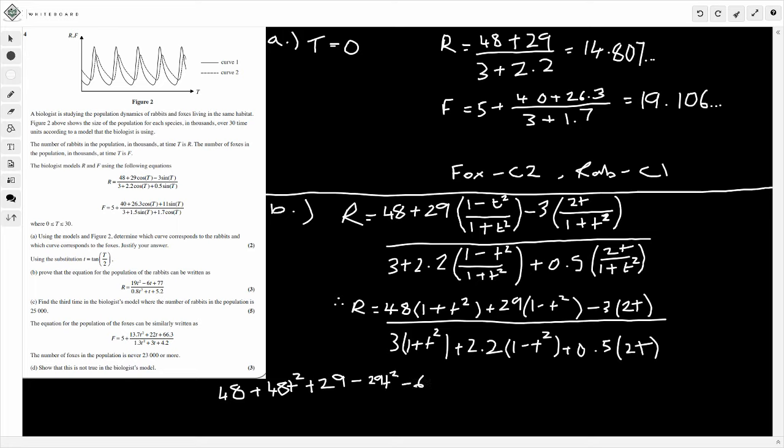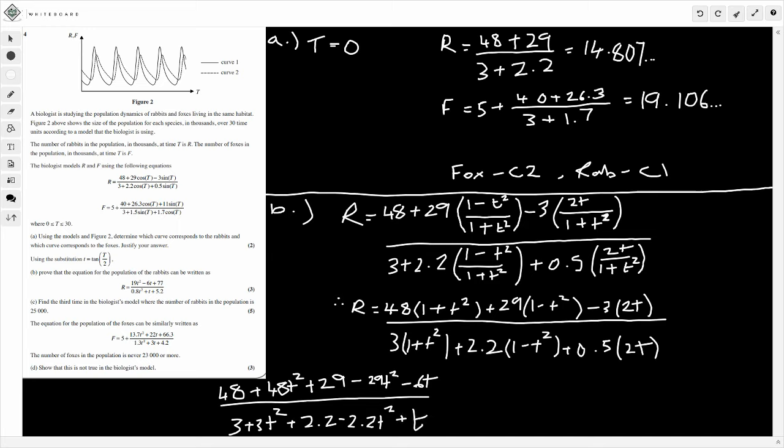And this is going to be divided by 3 plus 3t squared. And then I'm going to get plus 2.2, again just keep expanding down here, minus 2.2t squared. And I'm going to get a plus t at the end. 0.5 times 2 just gives me plus t.